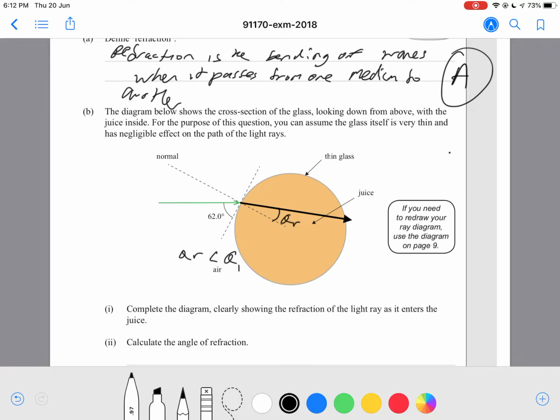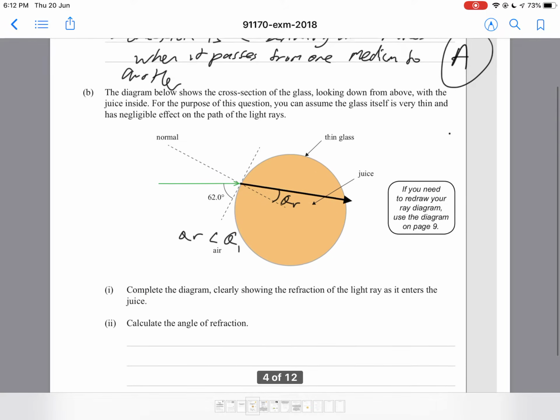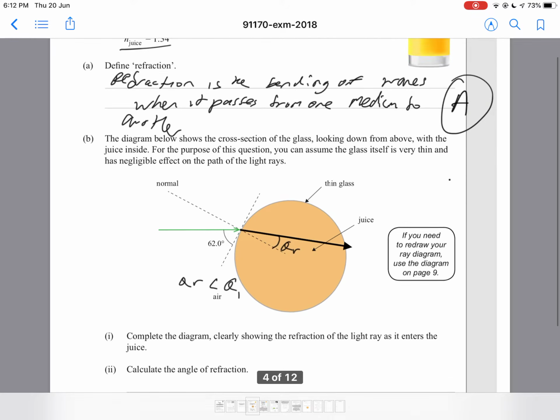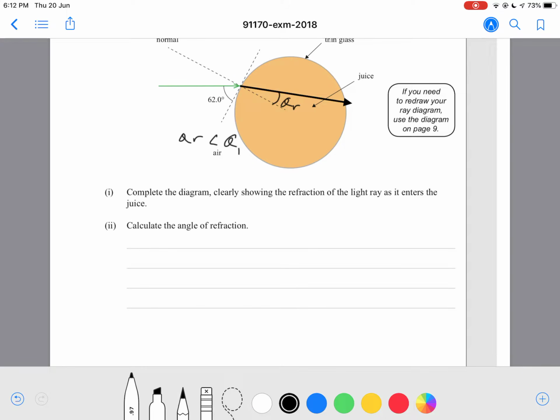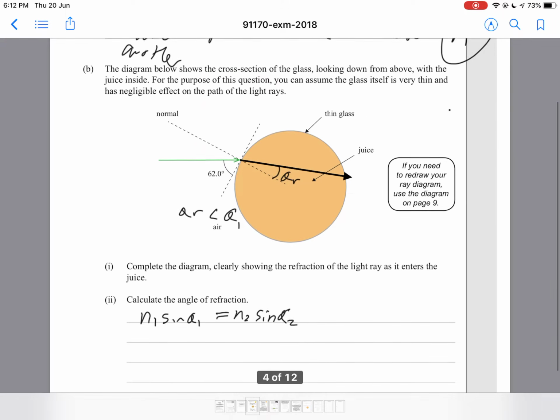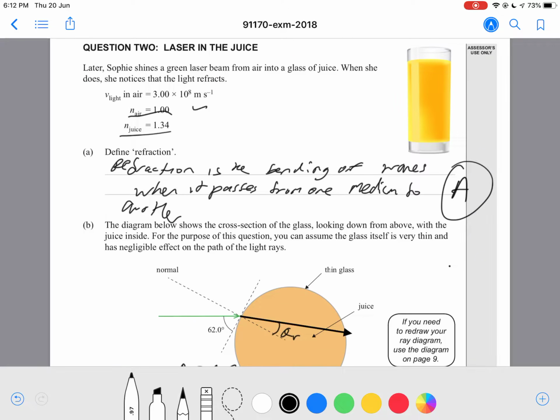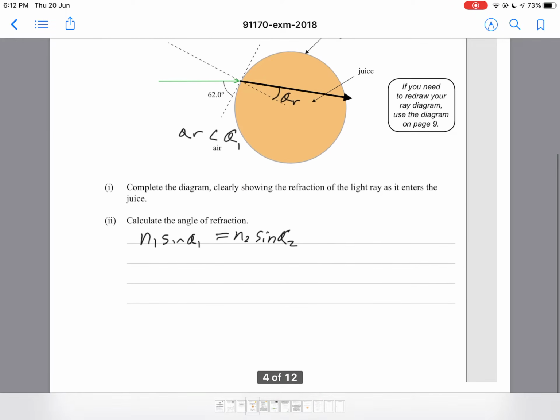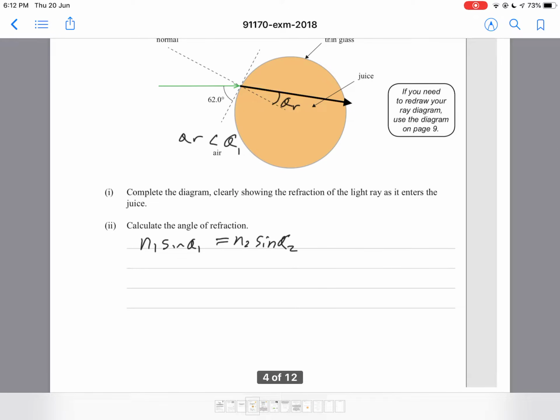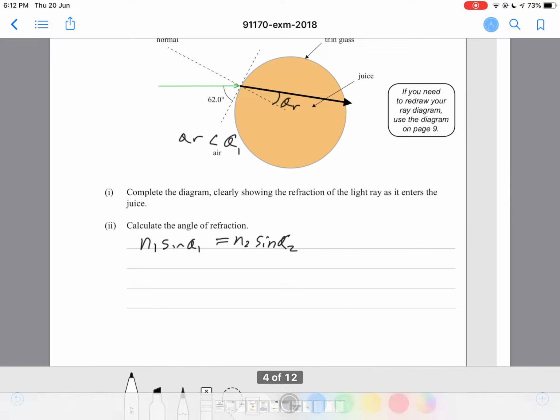Right. So, calculate the angle of refraction. Basically, we're going to be using Snell's law. Snell's law is n1 sine theta 1 equals n2 sine theta 2. It tells us the refractive index of air is 1 and the refractive index of juice is 1.34. Because our ray starts in the air and moves into the juice, our initial refractive index was 1.